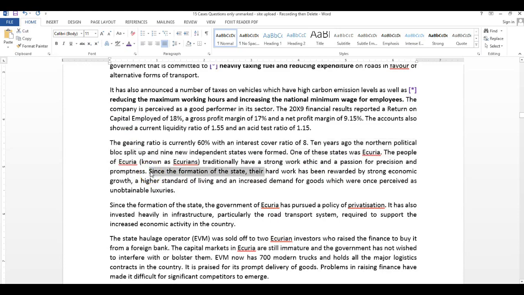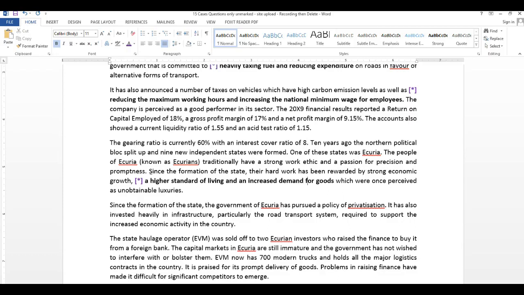Since the formation of the state, their hard work has been rewarded and a high standard of living is there. So that is an important point. We don't know why it's an important point, but still we'll mark it. There is a high standard of living and increased demand for goods is also growing. Because they have achieved independence, their country is growing very fast, and because of that there's a high standard of living and increased demand for goods.